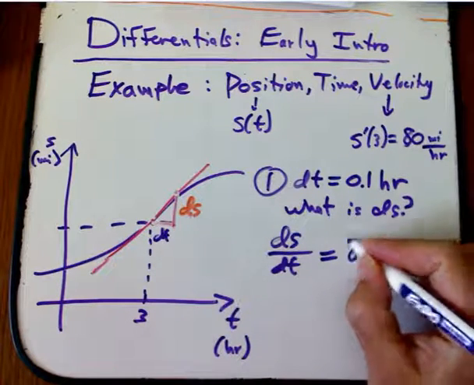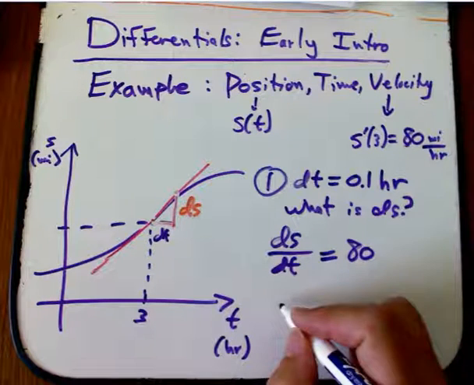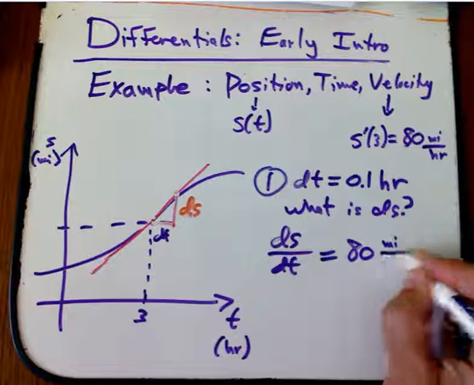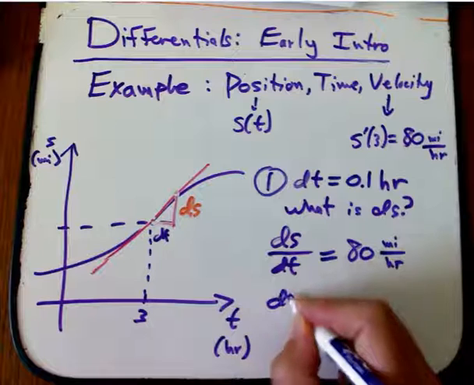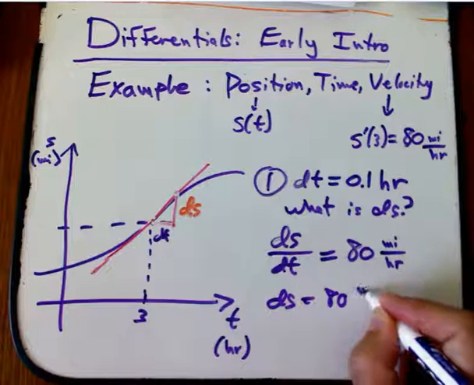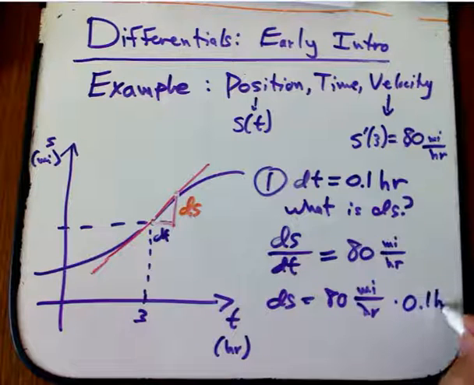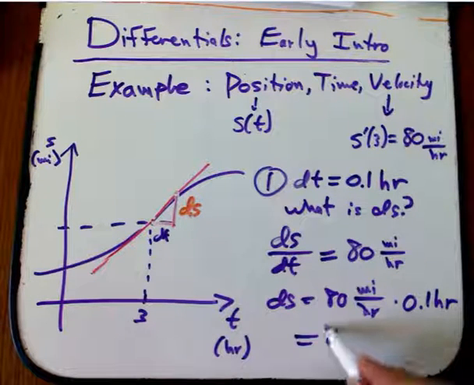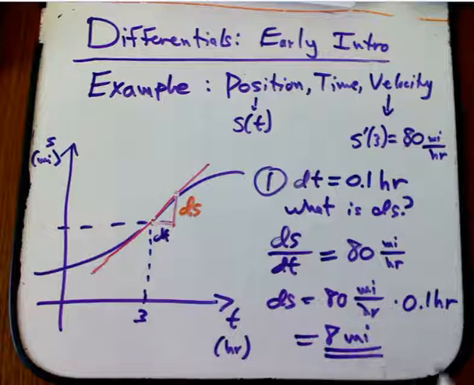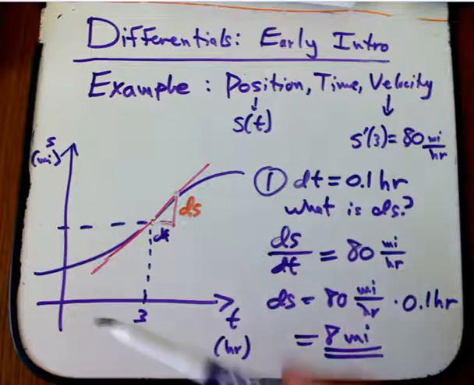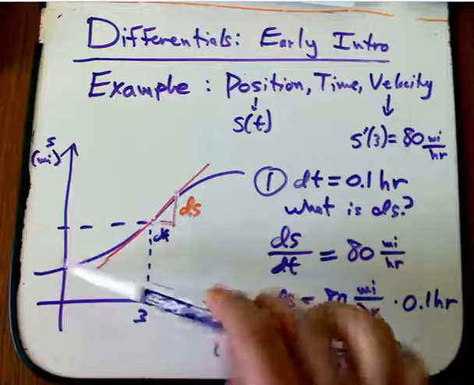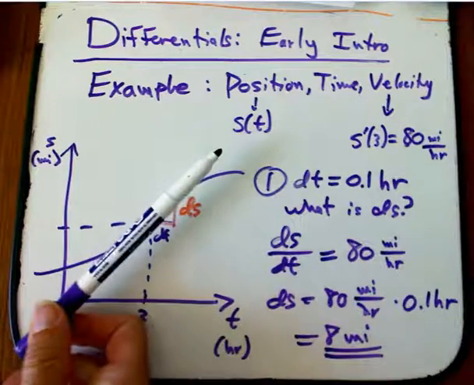We know that that is 80 miles per hour. Let me leave the unit in this time. So ds is 80 miles per hour times the known change, 0.1 hours, and we get 8 miles. It's just distance equals rate times time. And the reason we can reduce it to that is this crucial step of going away from the complicated function, replacing it with its own tangent line.